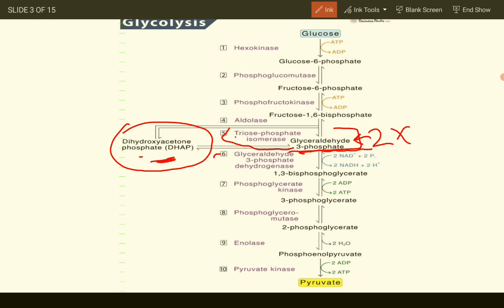By the isomerization process, this molecule is converted to this molecule. So at the end we get two molecules of the 3-carbon glyceraldehyde 3-phosphate.